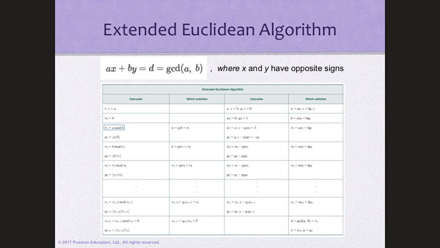But in addition to that, it shows you here how to calculate the x and the y, the two coefficients of the a and b, where you want to represent d with, okay? But following it from the equations is quite difficult. That's why I didn't try to use this table to explain how the algorithm works.